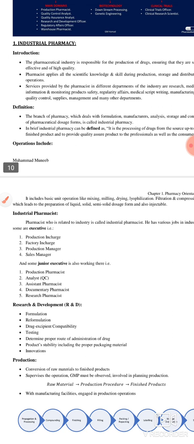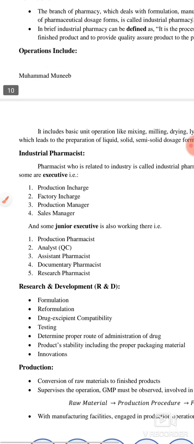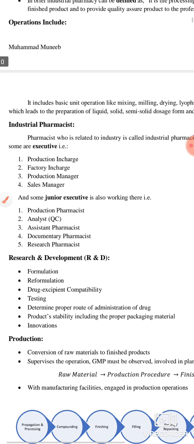It could be a product in charge, factory in charge, product manager, sales manager. It could be an in-charge or a manager. Some junior postings or jobs in the industry are production pharmacist, analytical assistant, documentary pharmacist, research pharmacist. All types of these pharmacists play an important role.